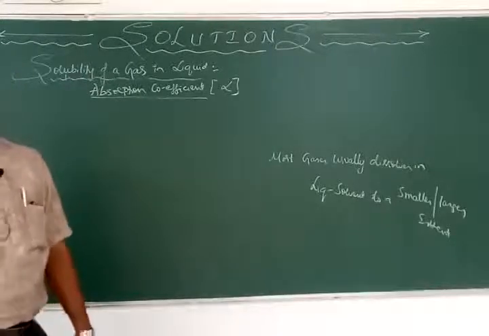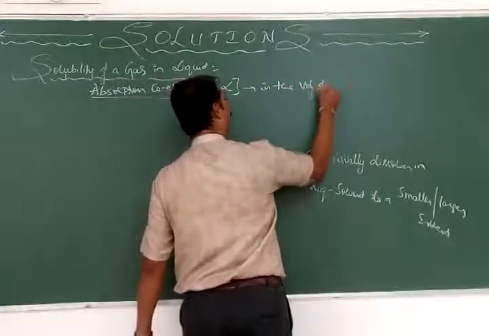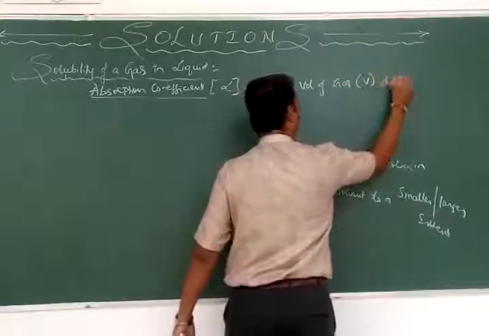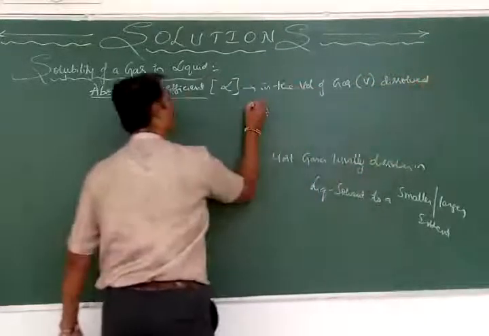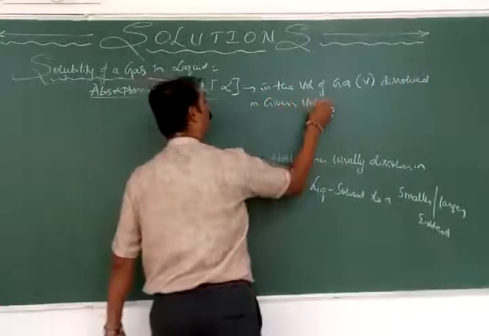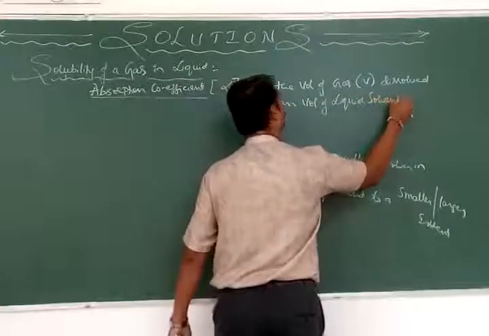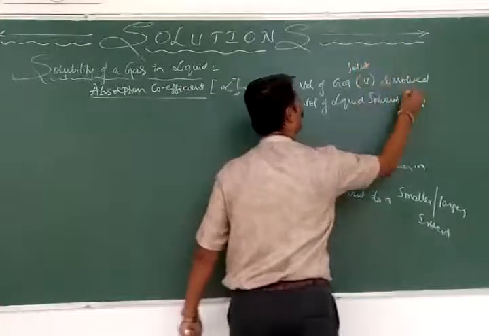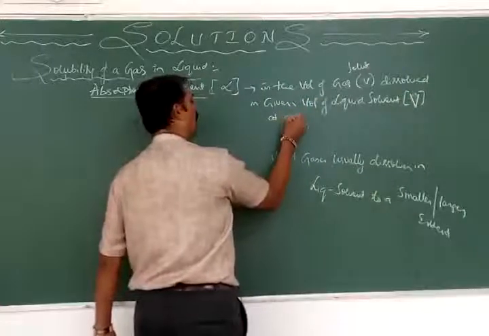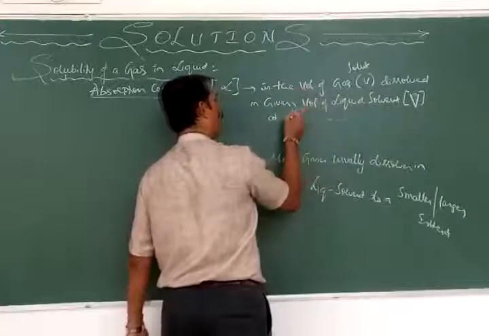So it is the volume of the gas V dissolved in the given volume of the liquid solvent, at atmospheric pressure or at a given pressure.